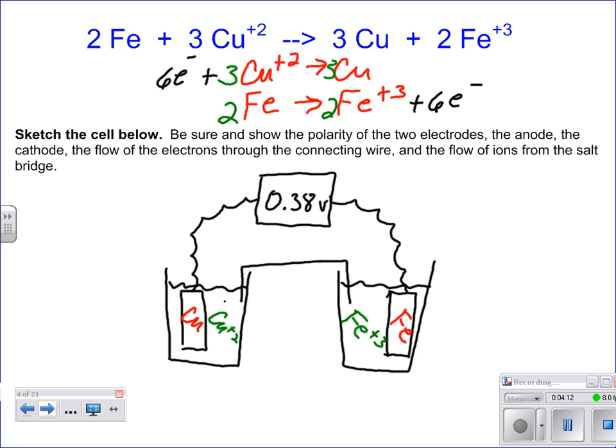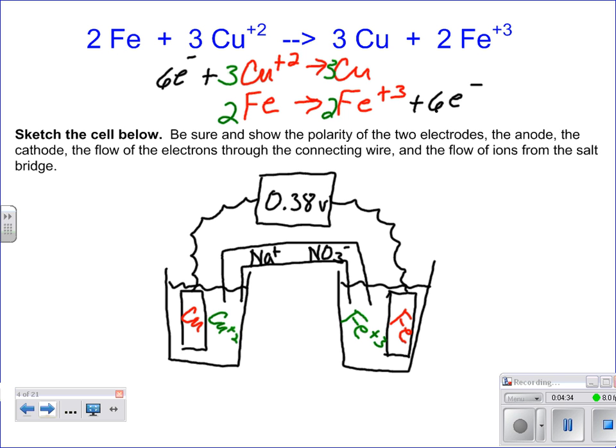This is just some sort of porous membrane that allows the solution to flow. If we were to use something like sodium nitrate, I'm going to have some sodium ions and some nitrate ions. That's an example of what we might use. Now we can start labeling some things.